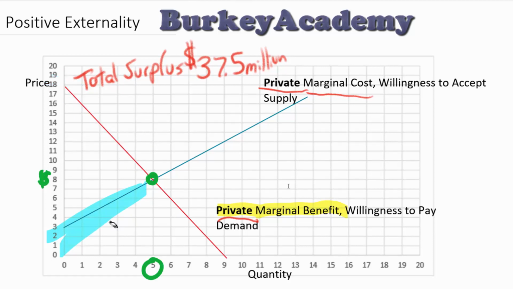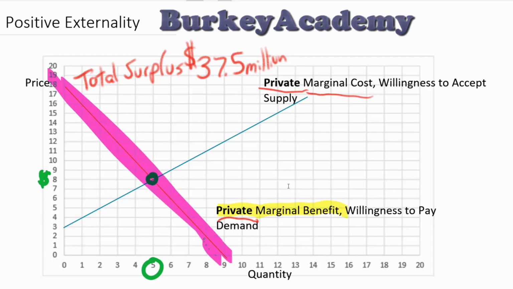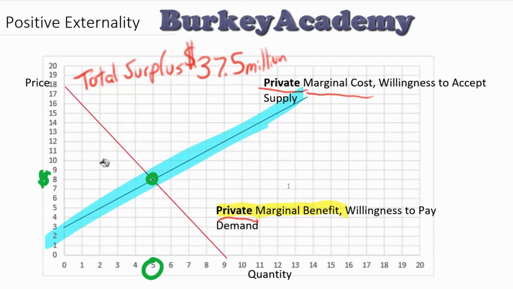Now, when it comes to externalities, what an externality is, we're bringing in a third party. What's a third party? Well, the buyers, that's party number 1. The sellers, that's party number 2. We're bringing in a third party, an innocent bystander, if you will, into the mix.